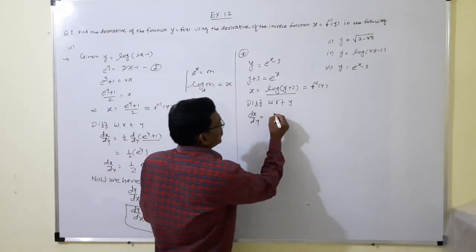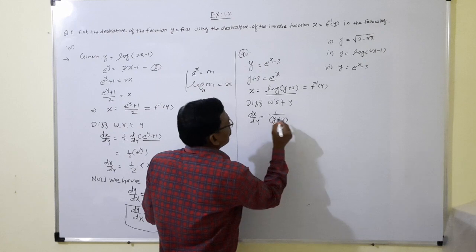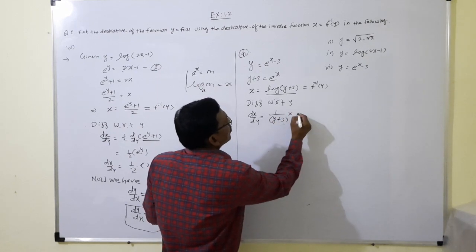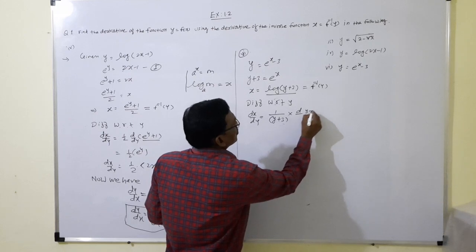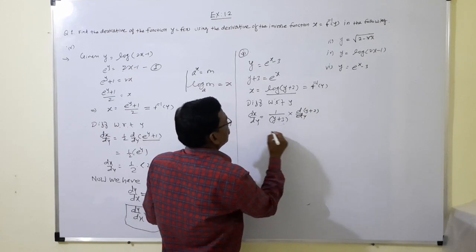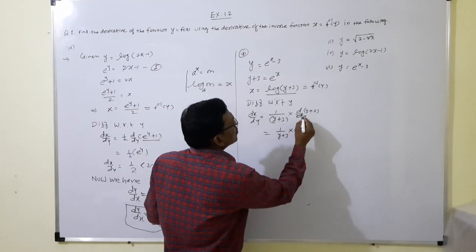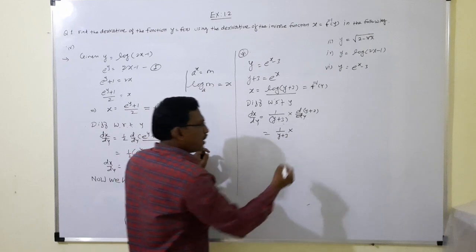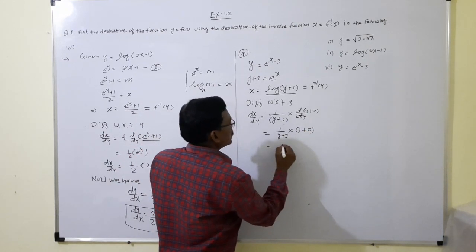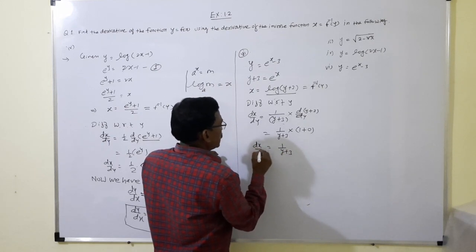Its derivative is 1 by y plus 3, and by the chain rule we have to find the derivative of this y plus 3. So 1 by y plus 3 into the derivative of y with respect to y, which is 1, plus the derivative of the constant, which is 0. So dx by dy is only 1 by y plus 3.